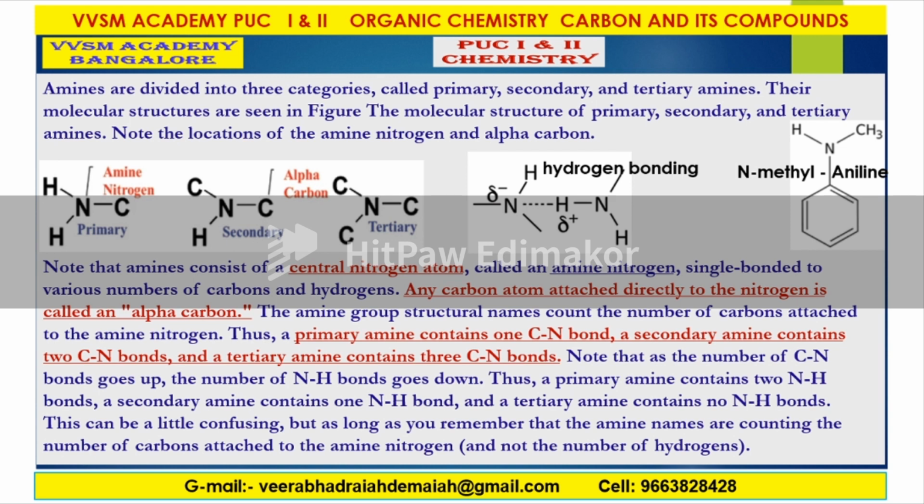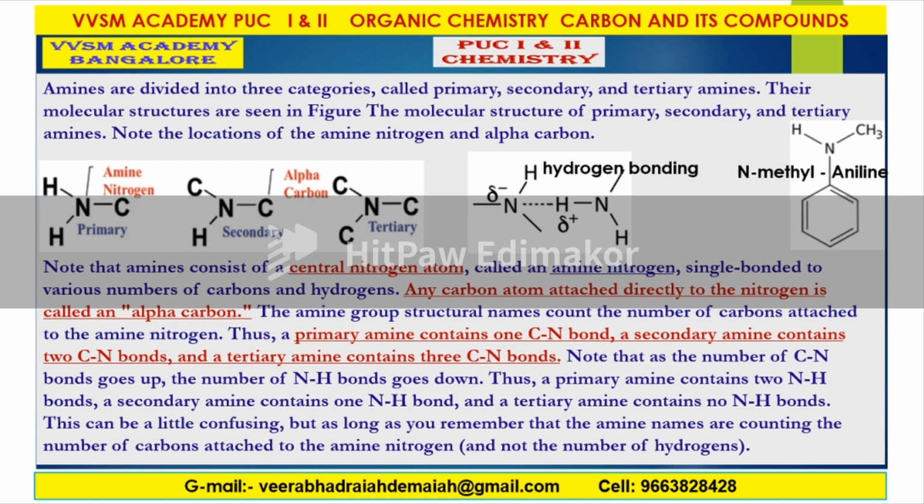You can replace the hydrogen atoms accordingly, depending upon the nature of the organic chemical reaction. Amines consist of a central nitrogen atom called the amine nitrogen, single bonded to various numbers of carbons and hydrogens. As I told you, three hydrogen atoms are attached to the central nitrogen atom.